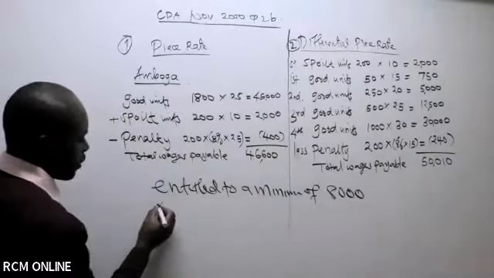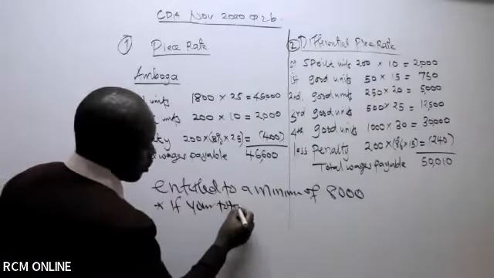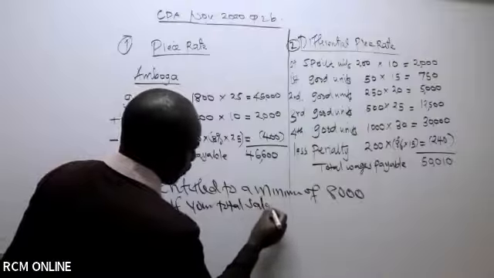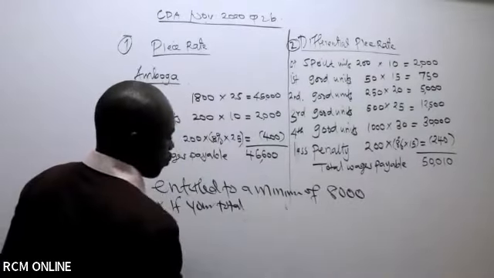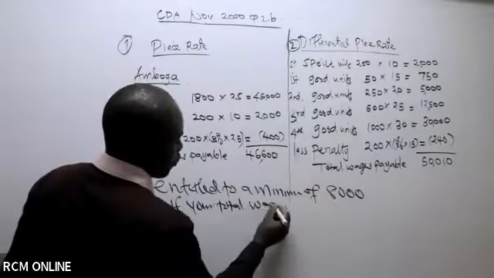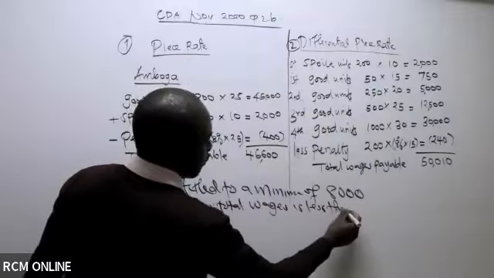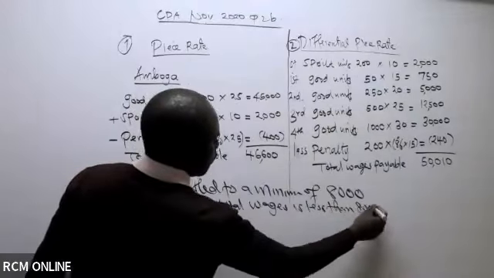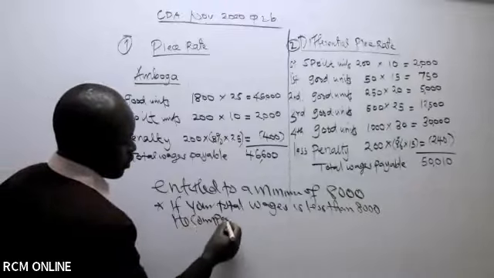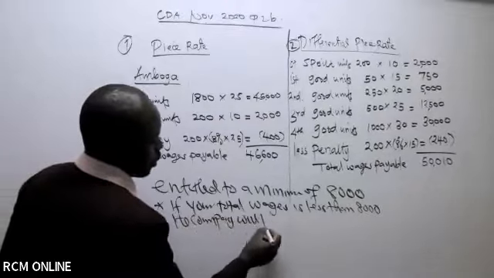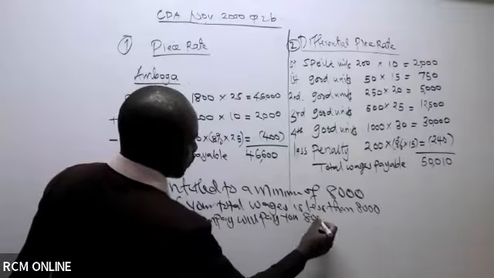That is to say, if your total salary or wages, let's talk about wages, if your total wages is less than 8,000, the company will pay you 8,000.